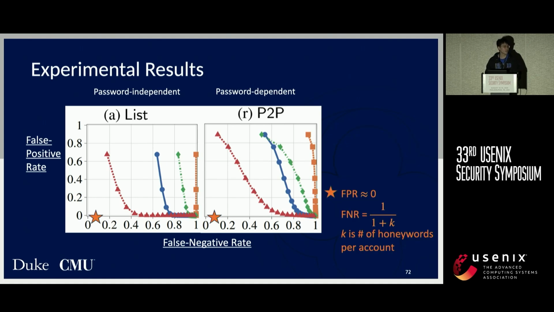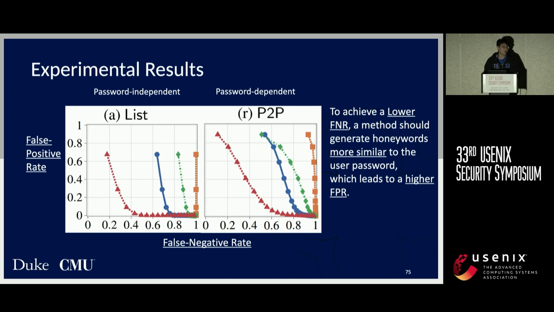In these two figures, the perfect performance is located around the bottom left, where the false positive rate is approximately 0 and the false negative rate is 1 divided by 1 plus k. k is the number of Honeywords per account. And we see that their performances are far away from the perfect point.